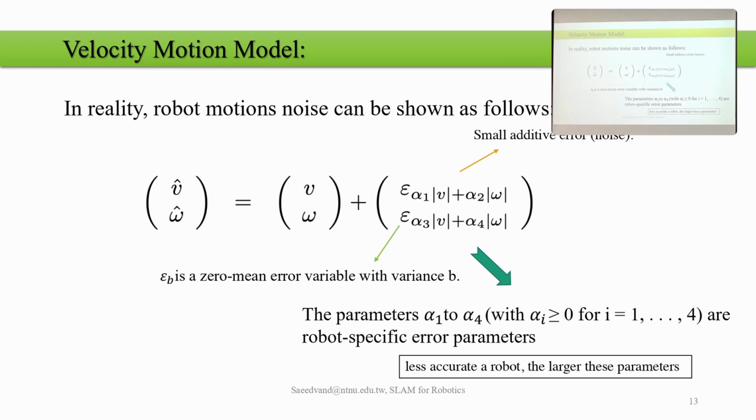Then you can have V and W. Let's say V is in the range of -1 to 1, and again W is -1 to 1.